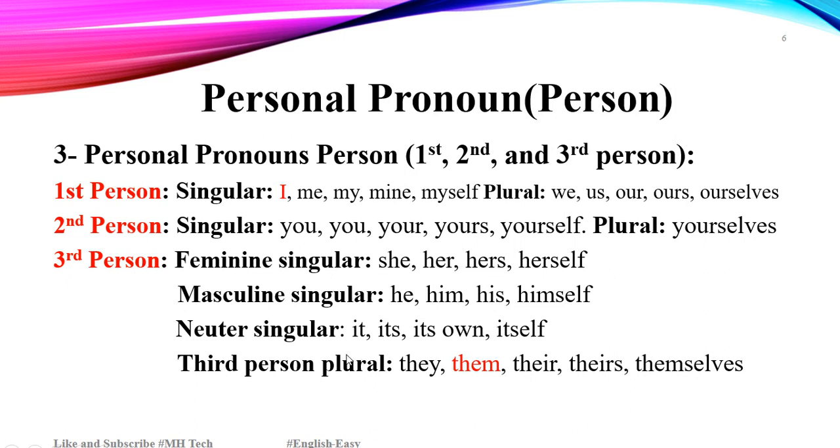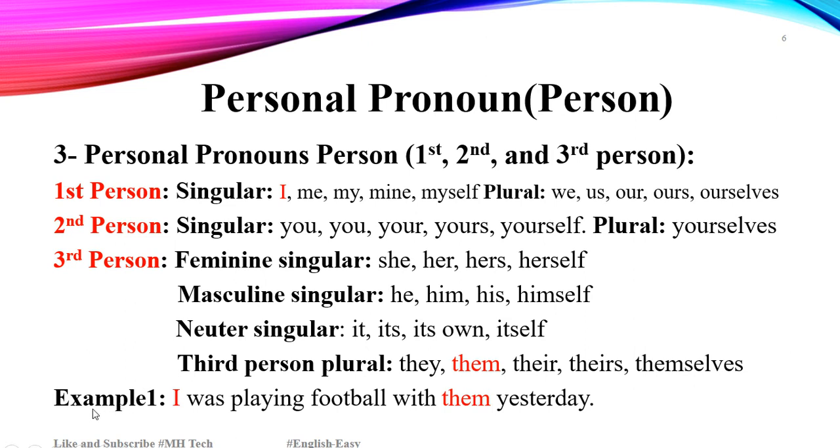Let's go to one example here. Here is the sentence: I was playing football with them yesterday. Here we have used them and I. Both of these words are a kind of pronoun.